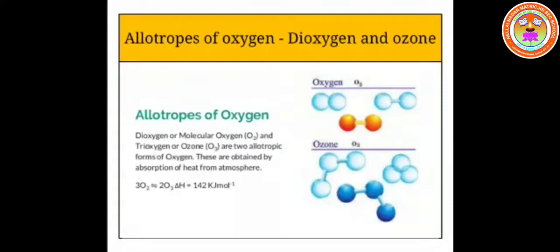Di stands for two oxygen atoms, dioxygen, O2. Then the next allotrope of oxygen is ozone. Ozone layer, stratosphere. In the stratosphere, the ozone layer is there. Ozone, O3. One more oxygen is there, an extra oxygen.